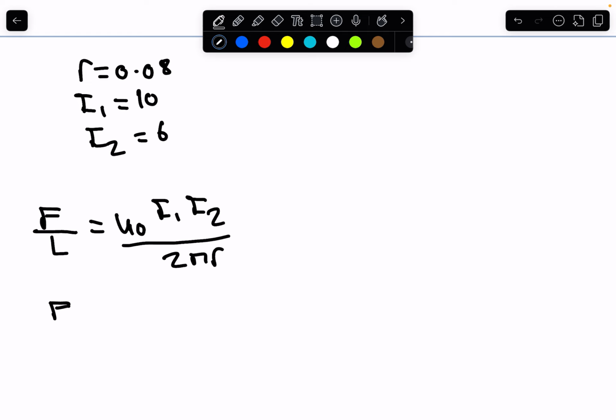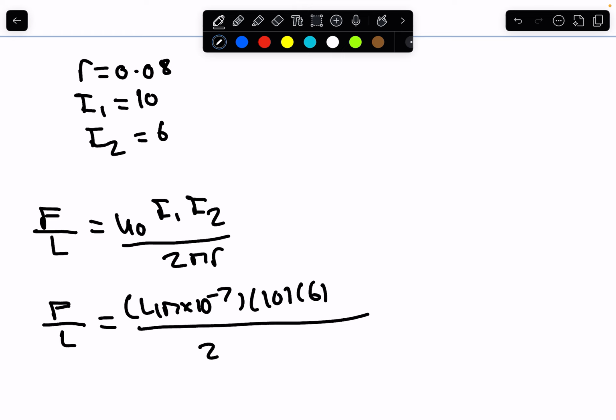The force per unit length will equal 4 pi times 10 to the negative 7, multiplied by 10 multiplied by 6, divided by 2 pi times 0.08, which will equal 1.5 times 10 to the negative 4. And do not forget your units: newtons per meter.